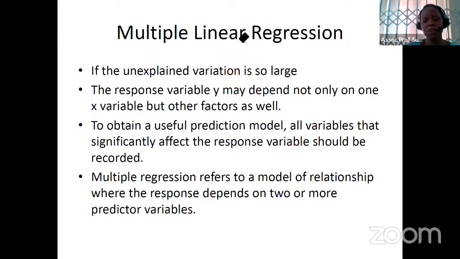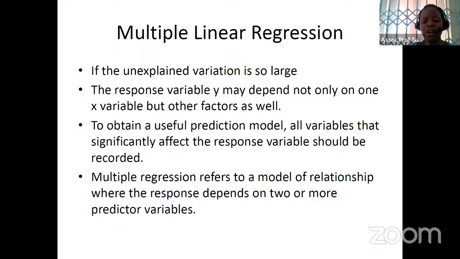Okay. Now, sometimes you find that you have so many factors, and also the unexplained variation is large. For example, if you find R squared is equal to 40% after running a simple linear regression, where you have only one independent variable, then that signifies that there are other factors that are not in the model that you need to include so that you explain most of the variation.